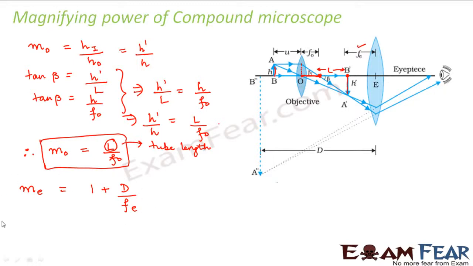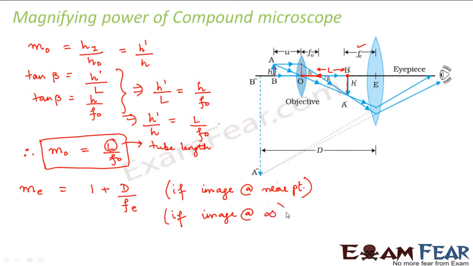This would be the magnification if the image is at the near point, exactly the same as a simple microscope. And what if the image is at infinity? In that case, the magnification of the eyepiece will be equal to d by fe, the same thing we derived for the simple microscope.